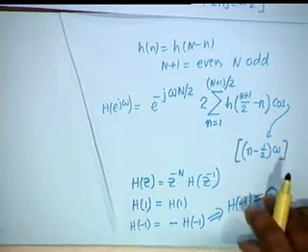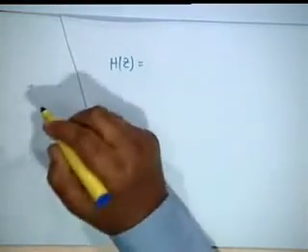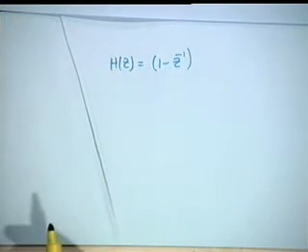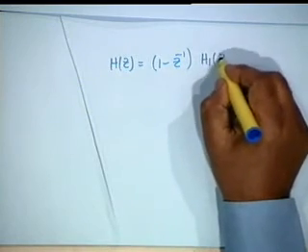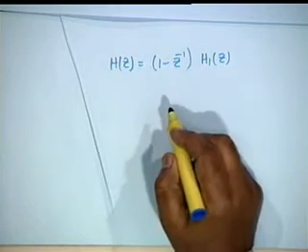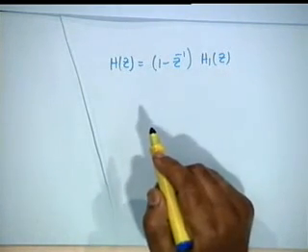What does this mean? It means that H of z, if it is to be 0 at z equal to minus 1, then it must have a factor 1 plus z inverse. Isn't that right? Multiplied by some H1 of z. In other words, with type 2, is it possible to get a high pass filter?